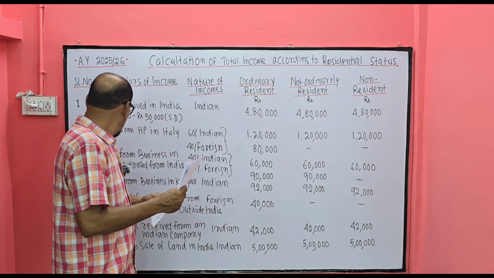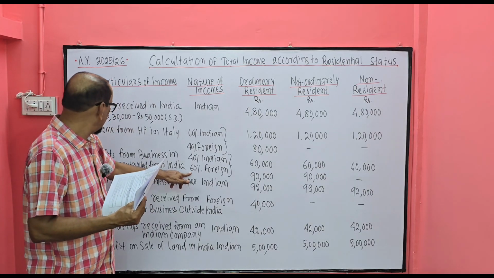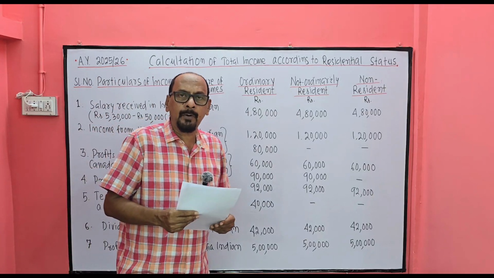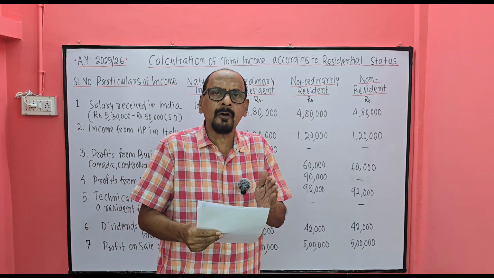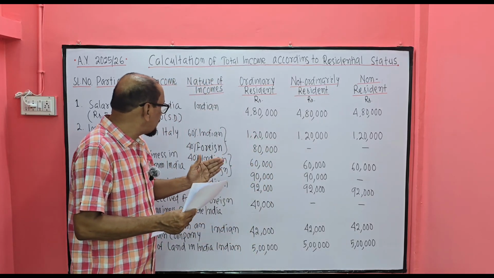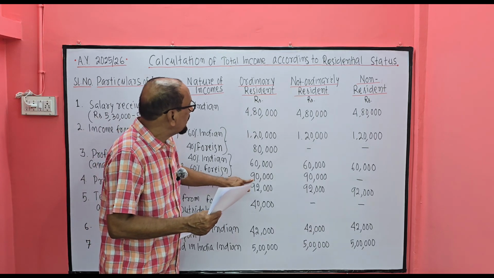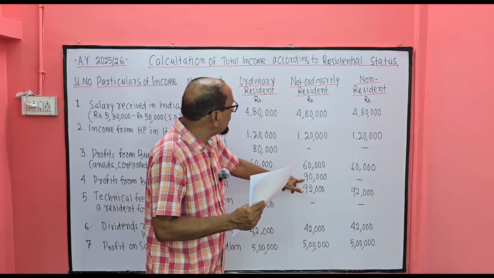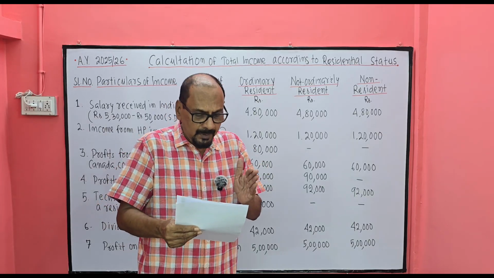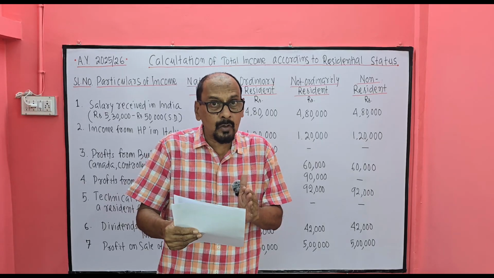Another thing is that the remaining 60% of the income will be treated as a type of foreign income. It is taxable in case of an ordinary resident, and also in case of a not ordinary resident, because the business is controlled from India.